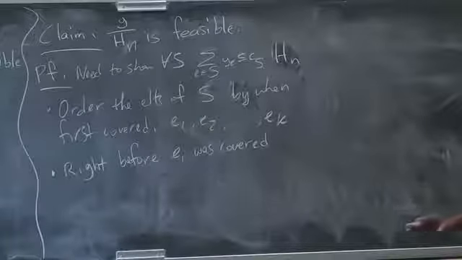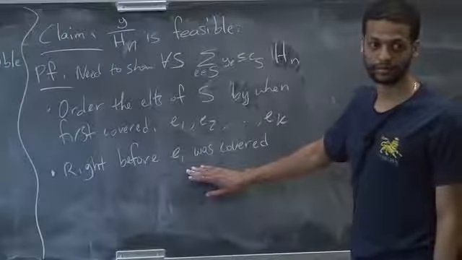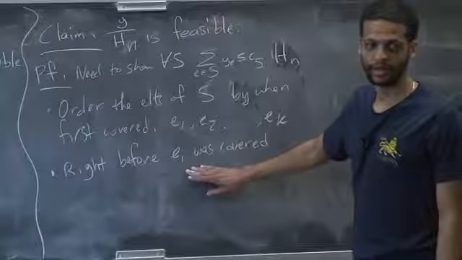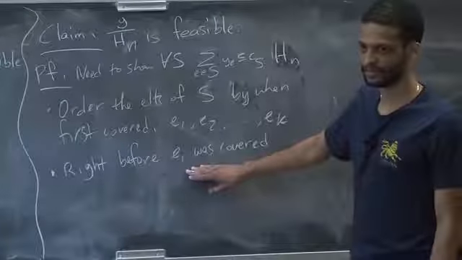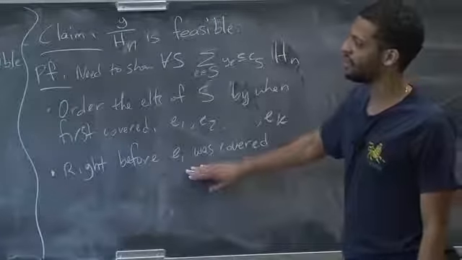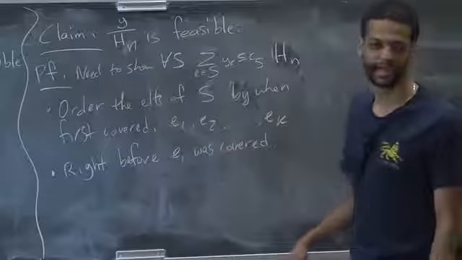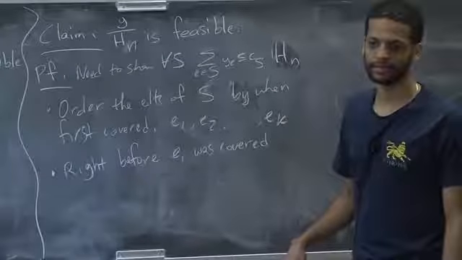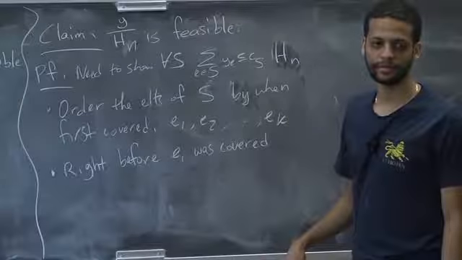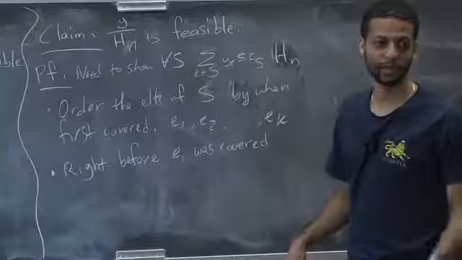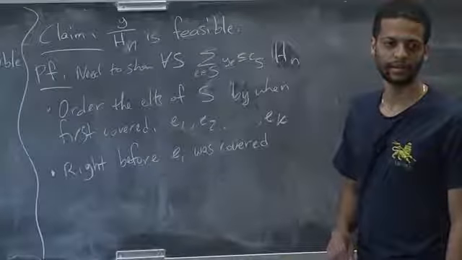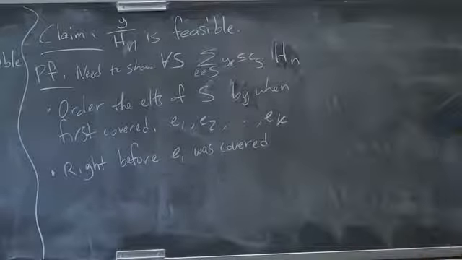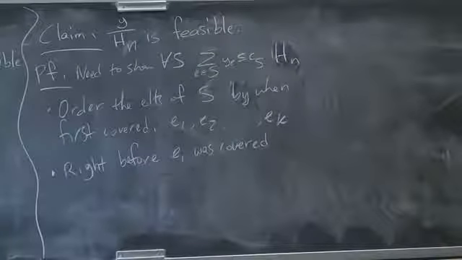So right before we covered e_i, right? e_i is not covered, meaning we haven't chosen S yet, because S would have covered it. What would be the prices derived from choosing S at this point? c_S over what? The number of elements that would be covered at this point. And what's a lower bound on that? Yeah, k minus i plus 1, actually.